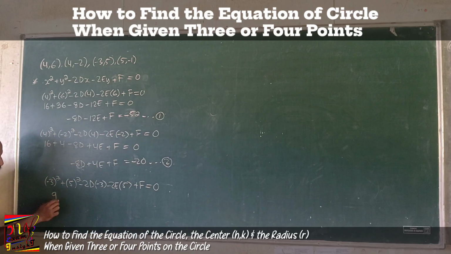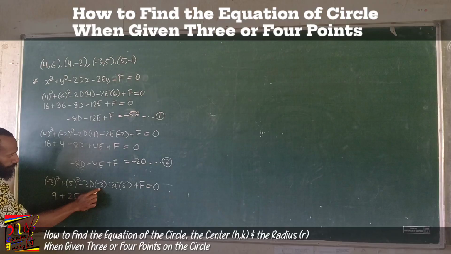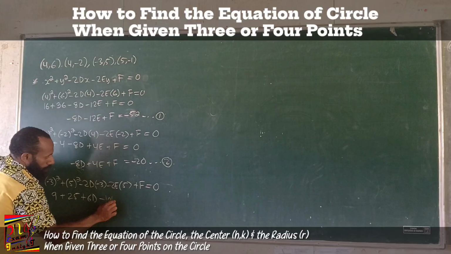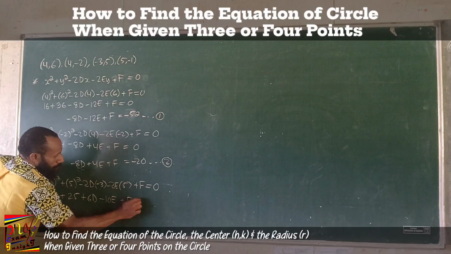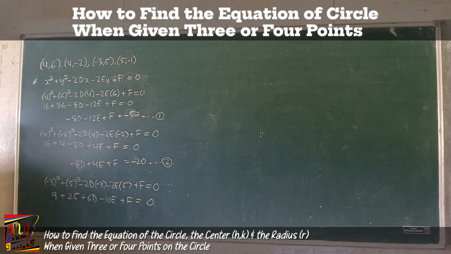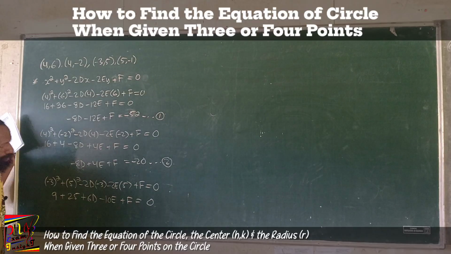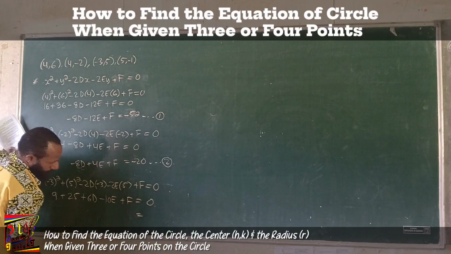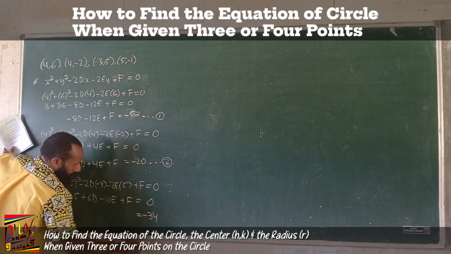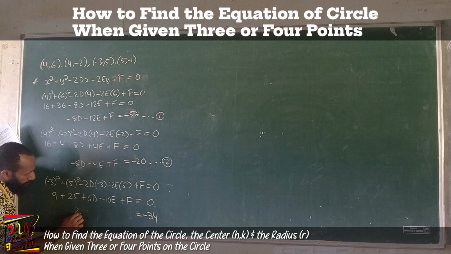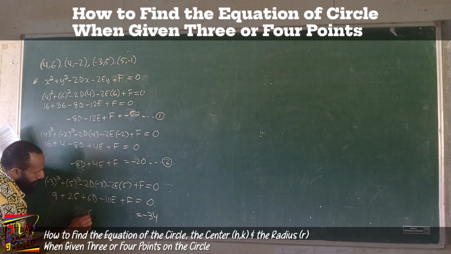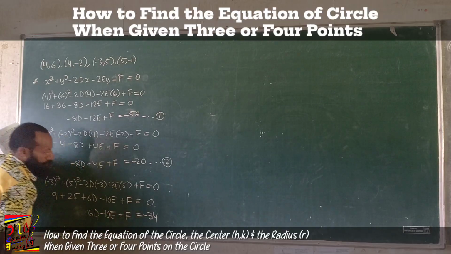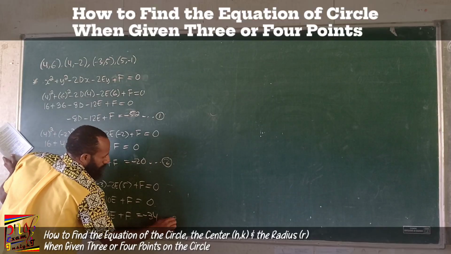Minus 3 squared is 9, plus 25, plus 6D, minus 10E plus F equals 0. 9 plus 25 gives us 34. When you bring it over, it becomes minus 34. We're left with 6D minus 10E plus F. That is our equation 3.